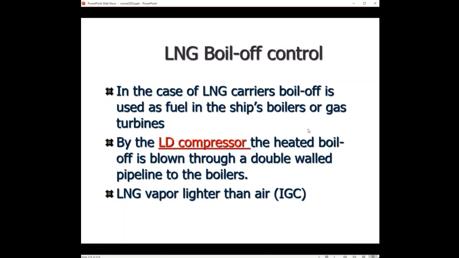The low duty compressor is used to send boil-off gas, heated boil-off gas, to the boilers in the engine room. So the difference between high duty and low duty is, of course, its capacity. This is a low duty, low capacity compressor. It sends the boil-off to the boilers in the engine room.